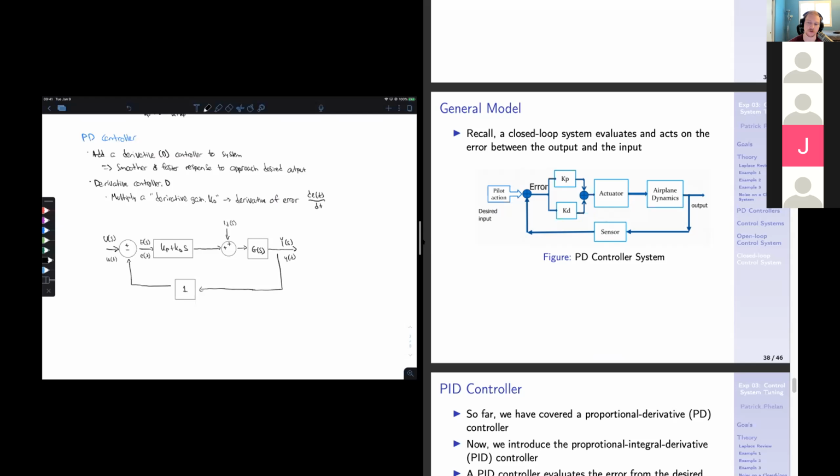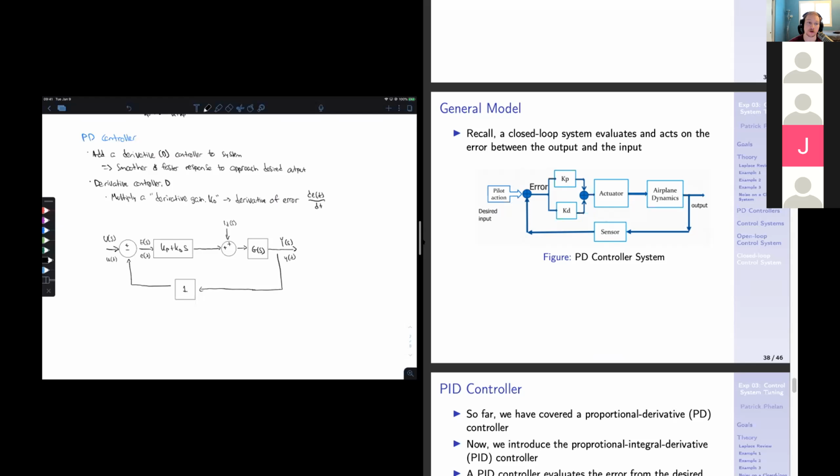So now we have this error value, and then we have our controllers here to read the error, evaluate it, and decide what we have to do to fix it. So we have our proportional controller right here, that's KP, and then we have our derivative controller right here, which is KD.